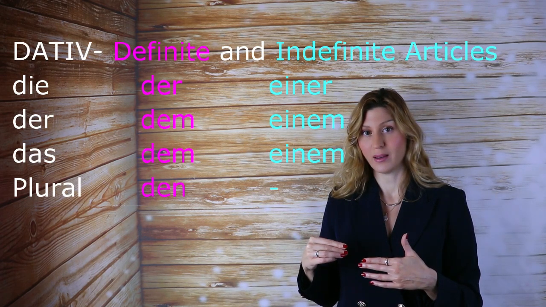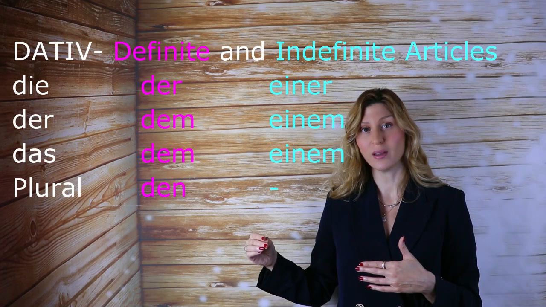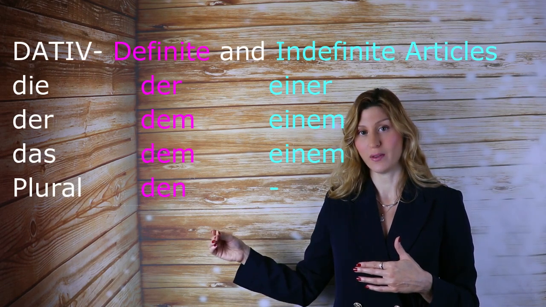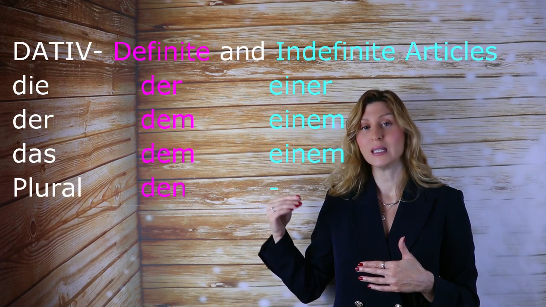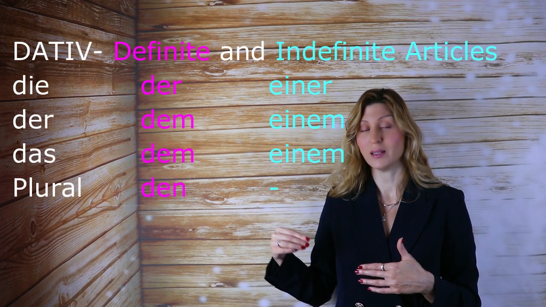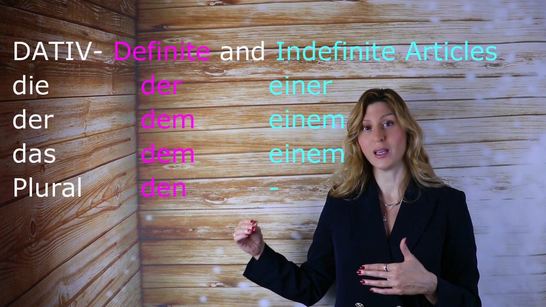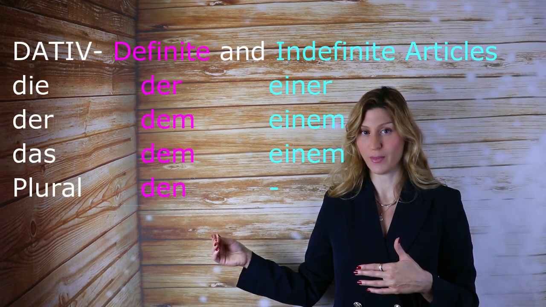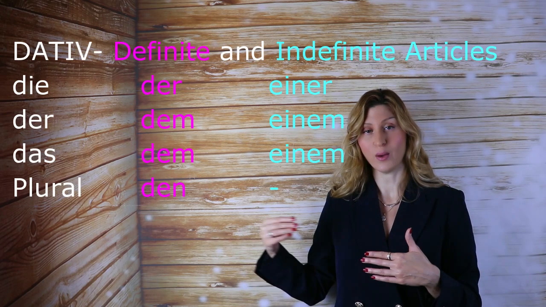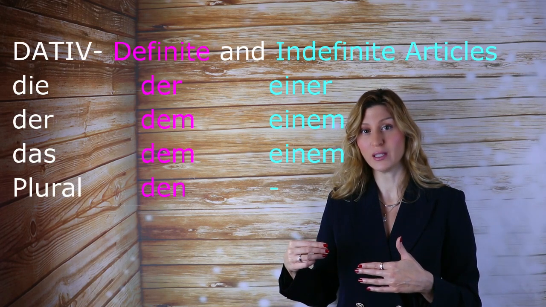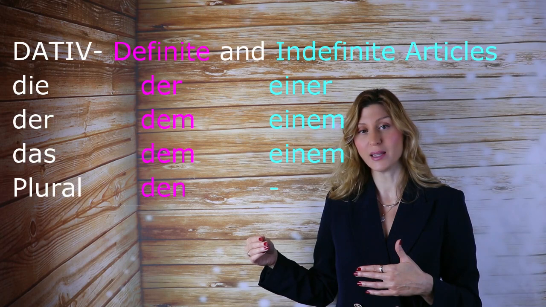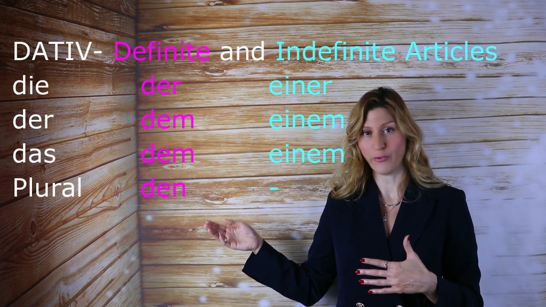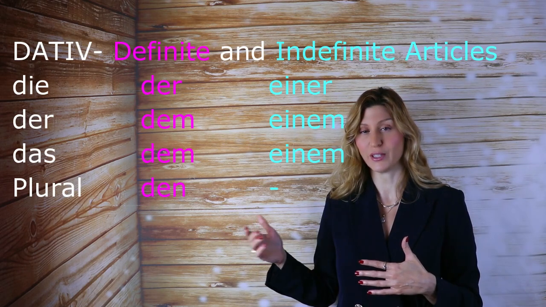Der is dem in dative, and the indefinite is einem. Das is dem in dative, and the indefinite is einem. And then we have plural definite, den in dative, and there is no option for plural indefinite.